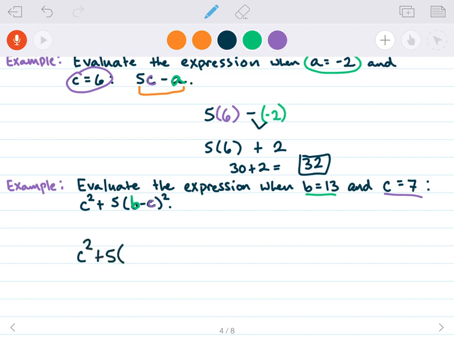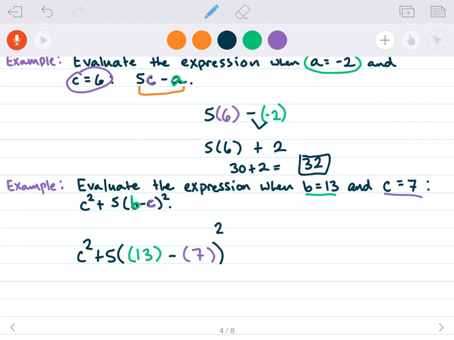Now instead of B, I'm going to put parentheses 13 minus, and instead of C, I'm going to put parentheses 7. So I just replaced B with parentheses 13. I replaced C with parentheses 7. Still have that black parentheses on the outside.